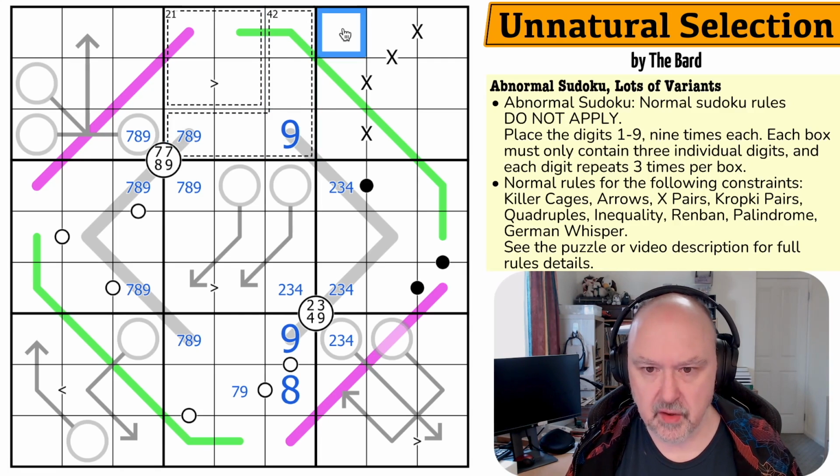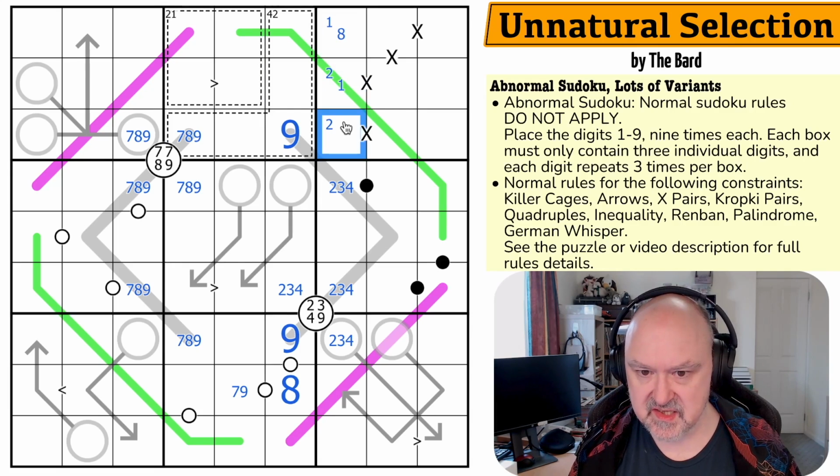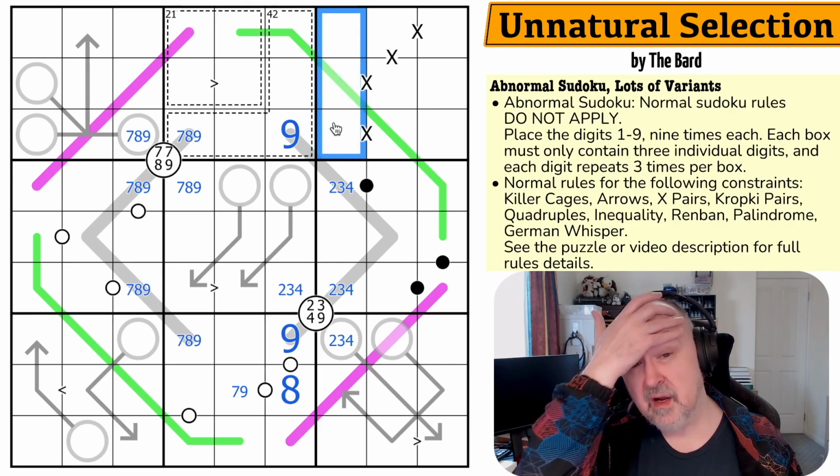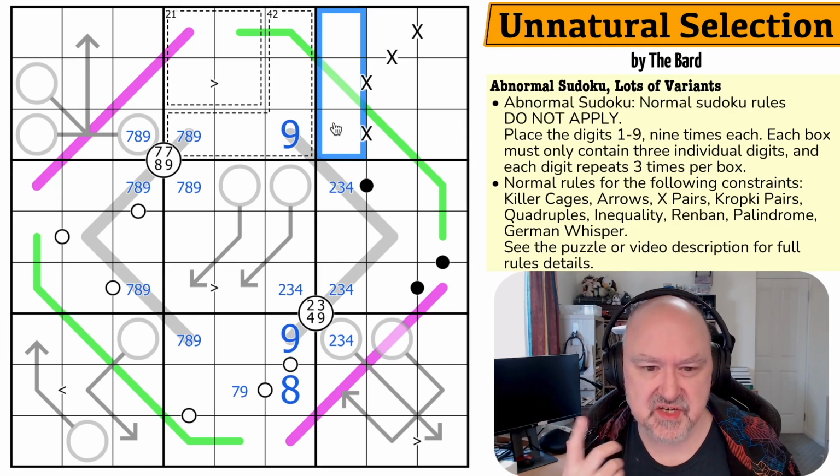So if I go 18, 21, and 27, that's 48. Well, the 21 cancels that out, and 18 and 27 is 45. That does get me there. So, but I think I could do this with math.